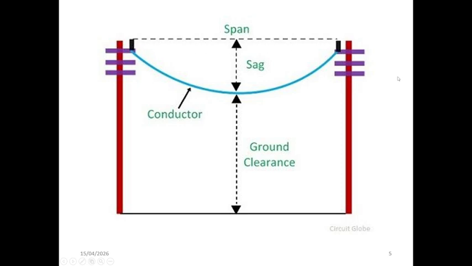For example, at distribution level it is usually 30 meters, and it determines the length of the conductor section. Due to its own weight, the conductor does not remain straight but takes a curved shape, creating a sag, which is the vertical distance between the lowest point of the conductor and the level of the support. The level of support is here.